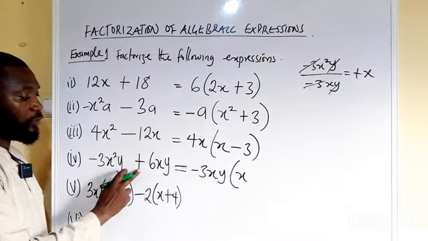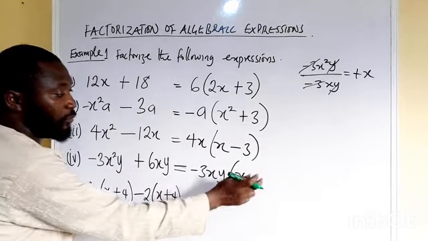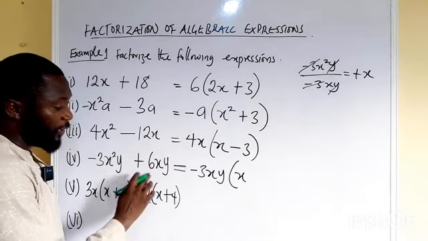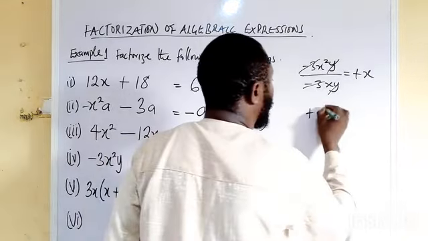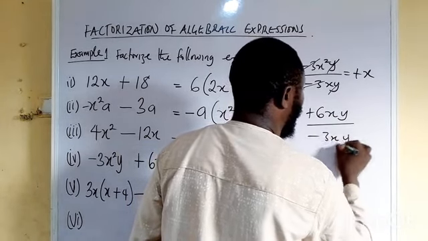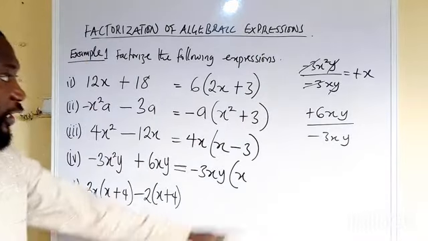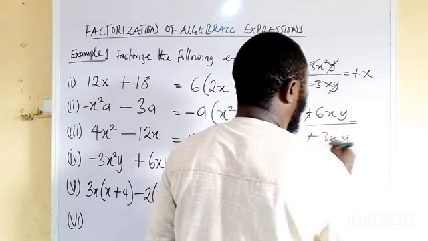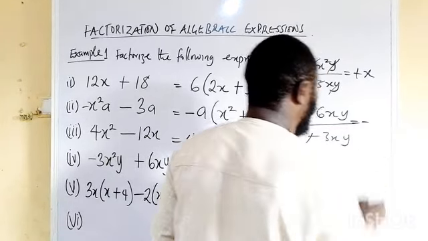But before we choose the sign that should be here, we have to divide first. So now we are dividing +6xy by -3xy. Negative sign divided by positive sign, from the rule of signs for division, will be negative.